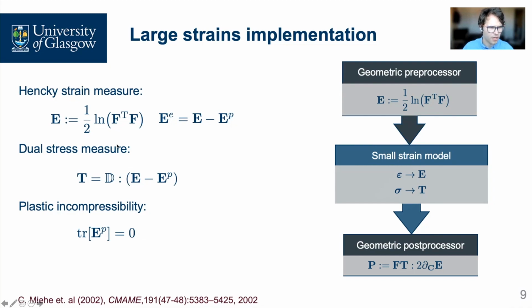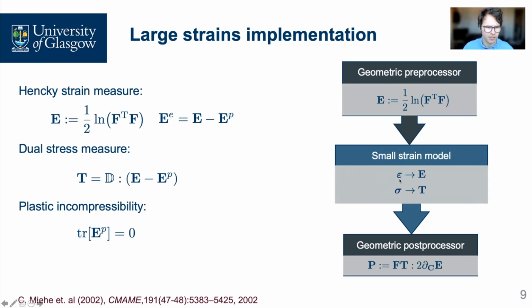And it also introduces the dual stress measure T. So the way this framework works is that we use the geometric post-processor on our strains, and then we plug it into our small strain model. It doesn't have to be multiplasticity, it could be classical.